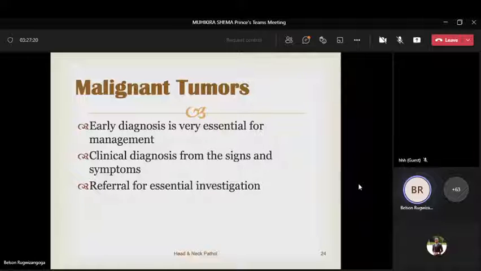Referring a patient means you know the limits of the setting, not necessarily the limits of yourself or your capacity, just the limits of the setting where you are. If you cannot do histology or a CT scan or any other investigation, then you refer the patient as quickly as possible. There is no reason to delay the patient. So transferring a patient is not a weakness of a doctor. For me, it is a sign of being strong in what you do.